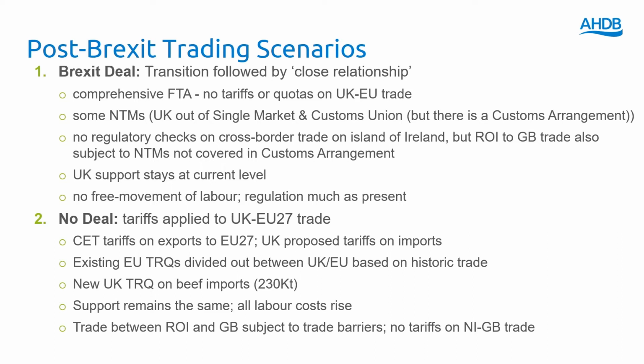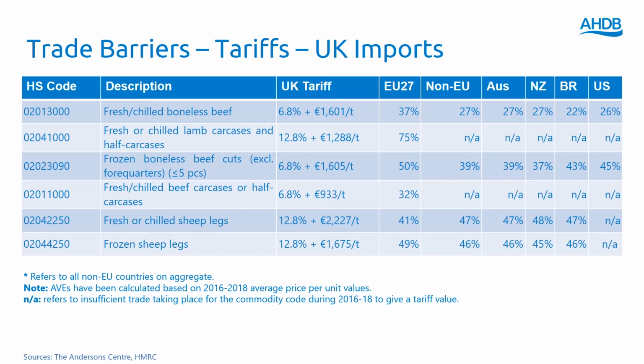So moving onwards then to look at the trade barriers, firstly focusing on tariffs, and here on your screens we've got some examples of the proposed UK import tariffs that it would apply initially for a period of up to 1 year under a no-deal Brexit context.